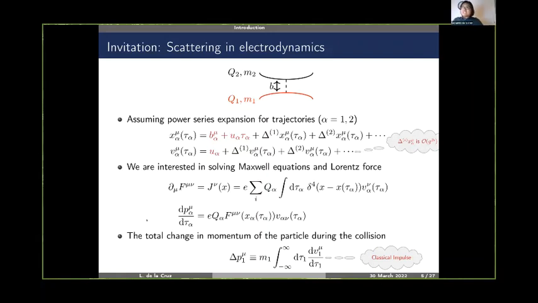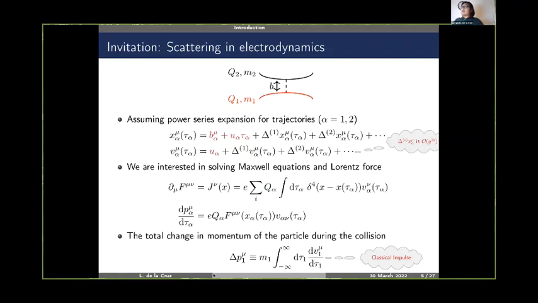So, for instance, one particular quantity that I would like to know is how the momentum of one of the particles, let's say particle 1, changes during the collision. This is what I'm going to call the classical impulse, which is the total integral over the proper time of the particle of the change of velocity over all time.